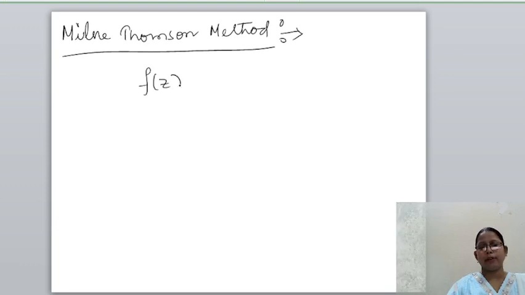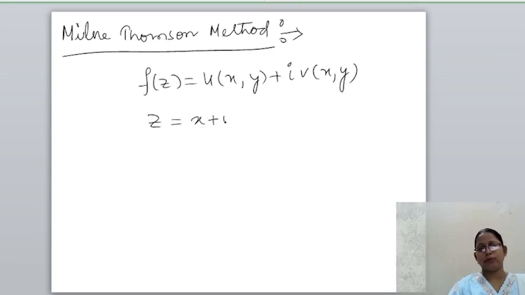Let f(z) be a function of complex variable given by u(x,y) + i v(x,y). z is my complex number of the form x + iy, so that the conjugate of z is x - iy.